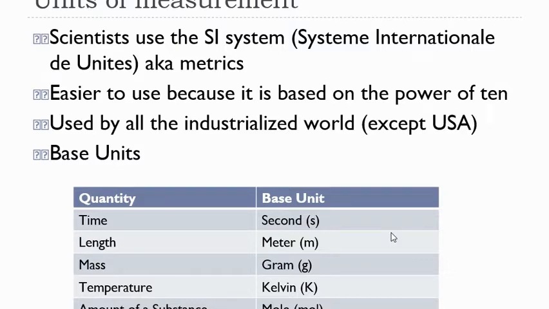Here, if you want to figure out how many milliliters are in a liter, all you have to do is shift the decimal point. You don't have to know there's 3 teaspoons in a tablespoon, 2 cups in a pint, 2 pints in a quart, 4 quarts in a gallon. It's just all over the place with the American system. It's easier in the metric system to shift that decimal.